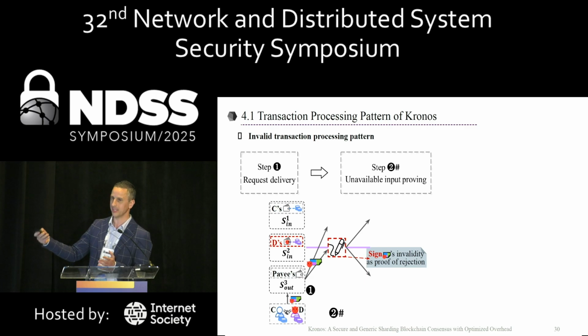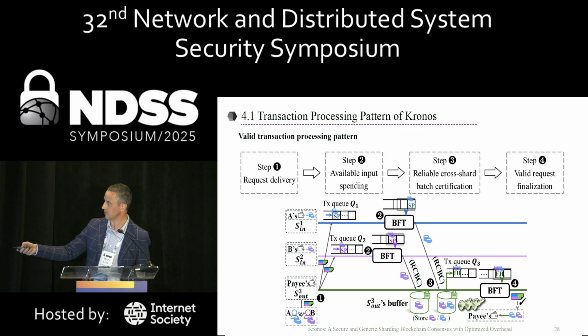So there is an initial check, but I would say it's not that important. The check needs to be done by the corresponding input shard anyway. So the transaction is initiated here upon a request of A and B, which are the payers.